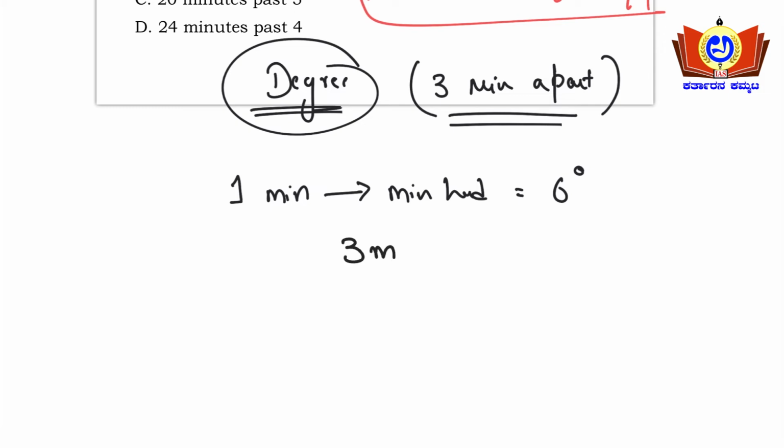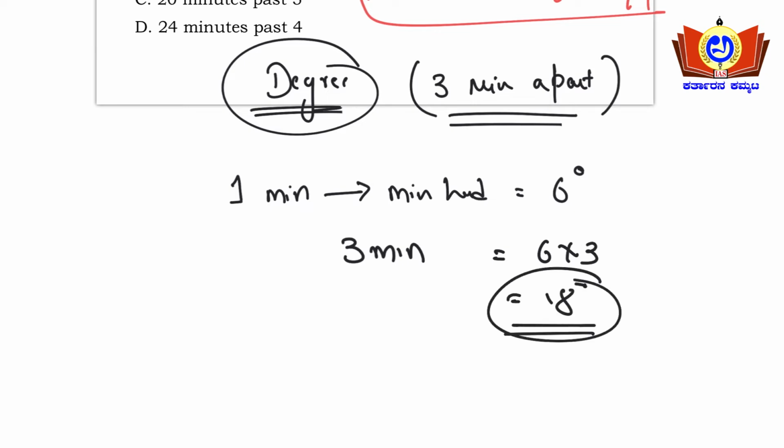For 3 minutes it will sweep 6 into 3, that is equal to 18 degrees. So between the hour hand and minute hand there is 18 degrees here.